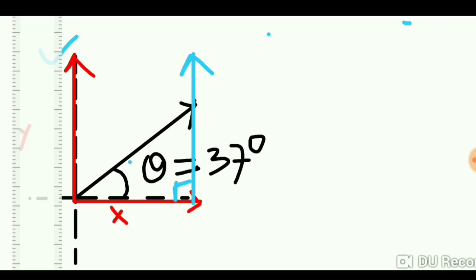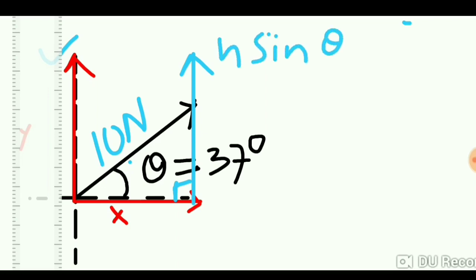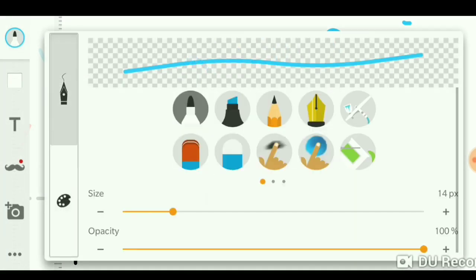Now let's say that force is 10 Newton. It'll make things easier. Now the y-axis is the perpendicular, as you all know, so it will be h sine theta. Now h was our original vector, so let's clear the screen up a bit.